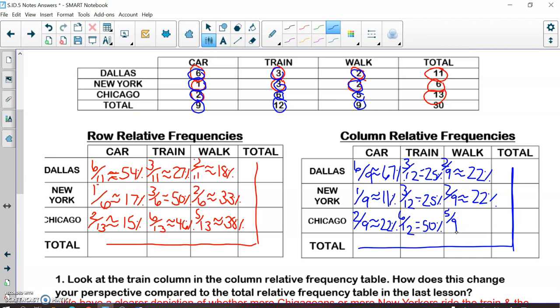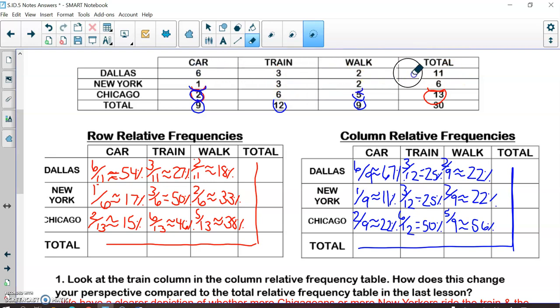So that's 56%. Great. So these are the conditional relative frequencies. The conditional relative frequencies are actually the ones that we can look at the most and actually make a clear prediction or understanding of what is happening in the data.